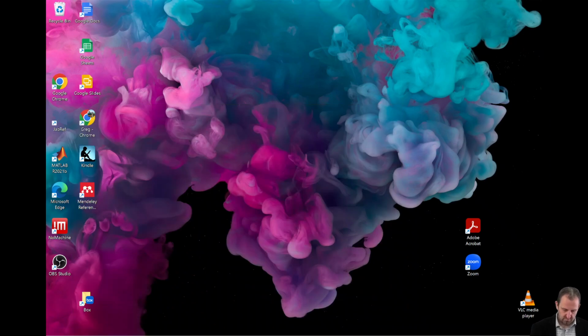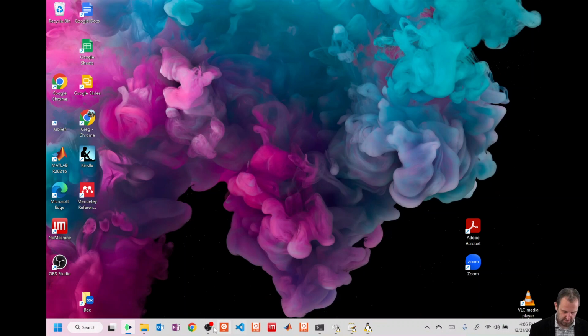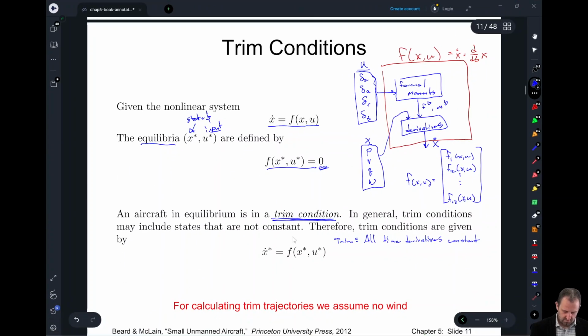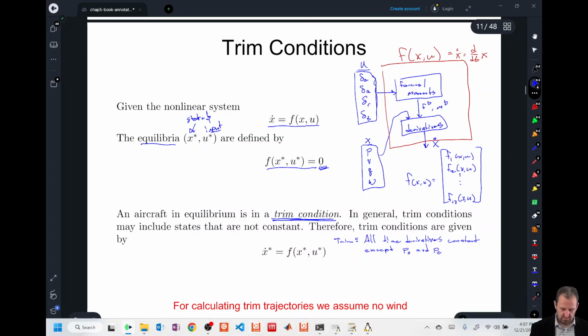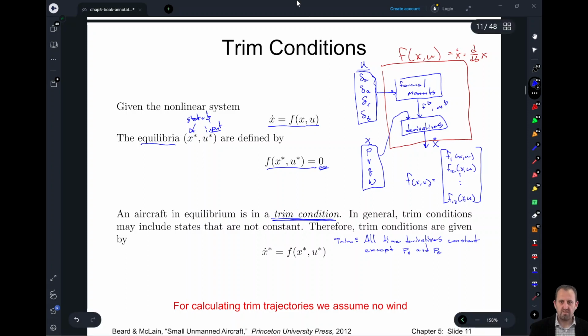They are constant except for Pn and Pe. So now we have constant motion, and it's going to cause our derivatives to be constant except for Pn and Pe. Those can vary with time.